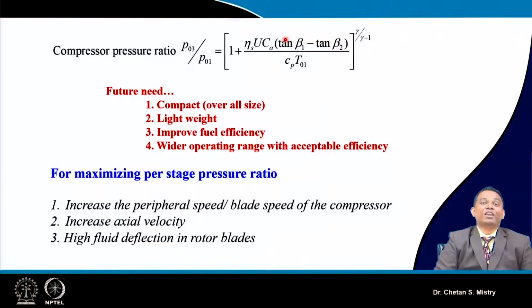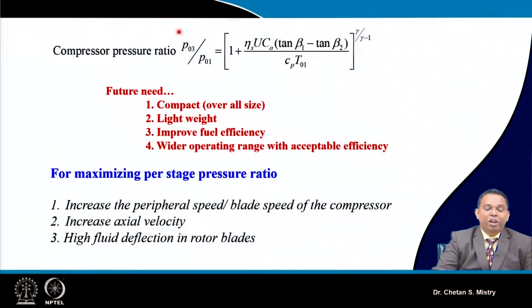When we reduce the number of stages of the compressor, we are reducing the weight of the engine, which means we are reducing the drag, and that helps our fuel economy. So our requirement is to maximize our compression ratio.